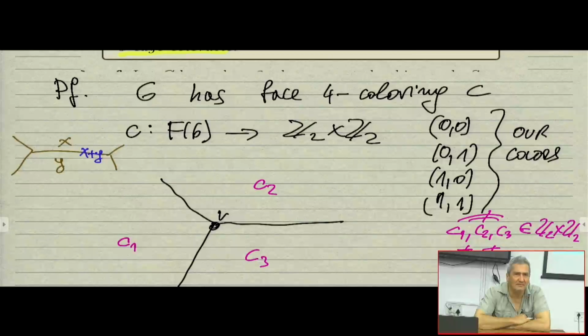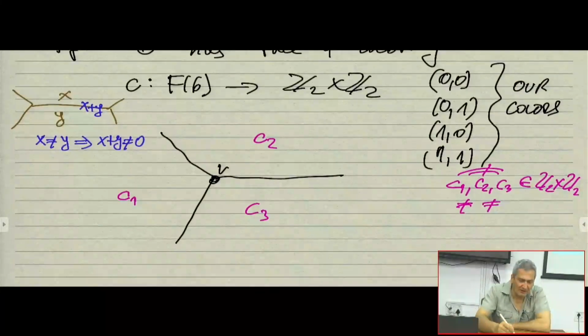Okay? Can x plus y be equal to 0? No, because x is different than y. So, because x is different than y, it follows that x plus y is not 0. Okay? So that's what we have situation here.